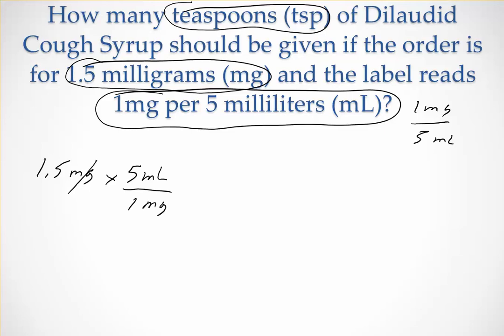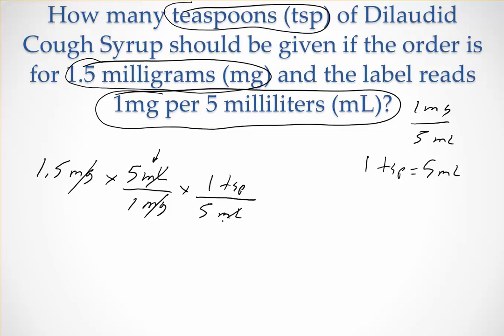At this point we can cancel. But if we stop here, our current unit is milliliters. The problem wants to know in teaspoons. So to do a conversion with teaspoons, we could go to our search engine, type teaspoon to milliliters, and we'll find out that 1 teaspoon equals 5 milliliters. Now again, since our goal is to cancel, we'll put 1 teaspoon in the numerator over 5 milliliters.